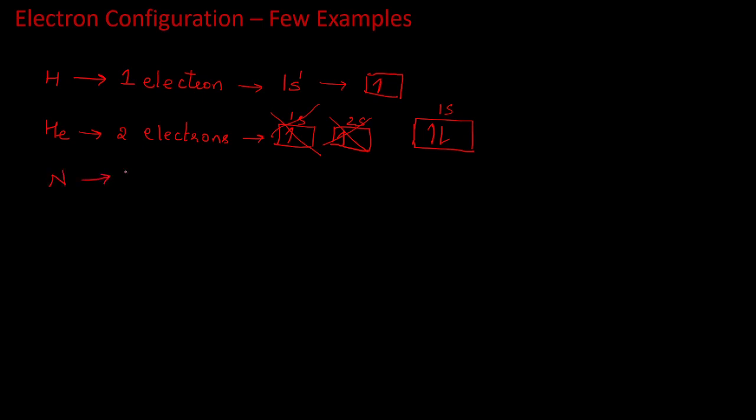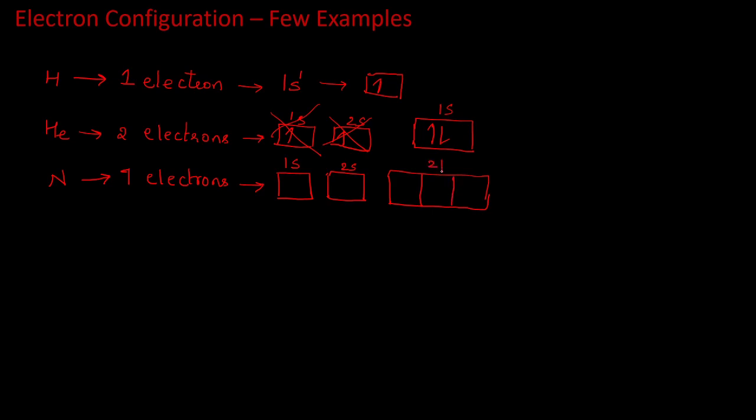And let us talk about nitrogen. Nitrogen has 7 electrons, right? Now let us start writing the 7 electrons in order. It will have 1s, then 2s, and then I am going to write p in one single box so that it is easy for us to understand.